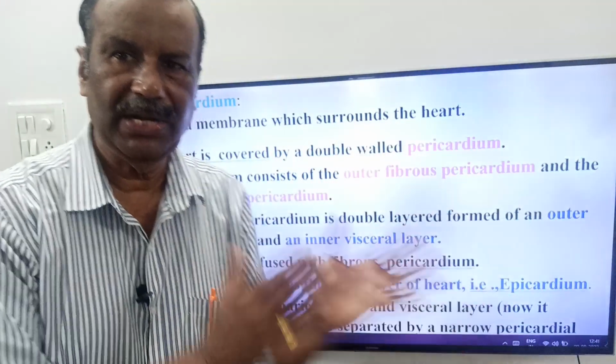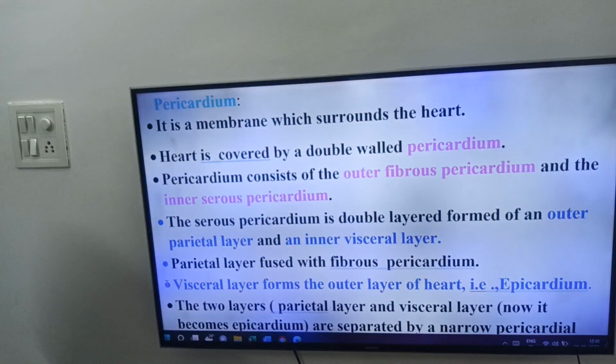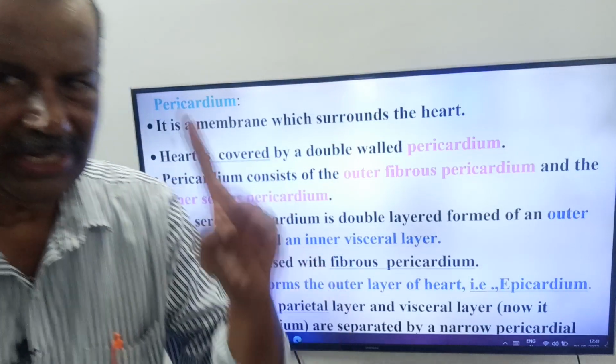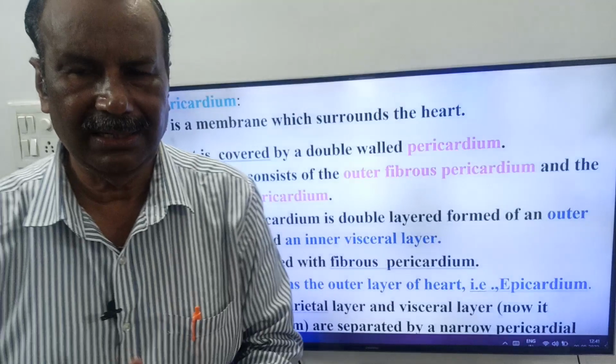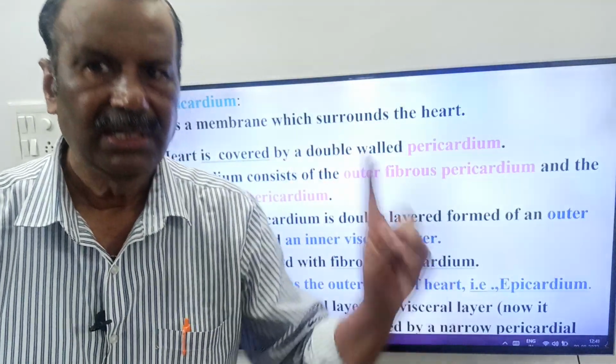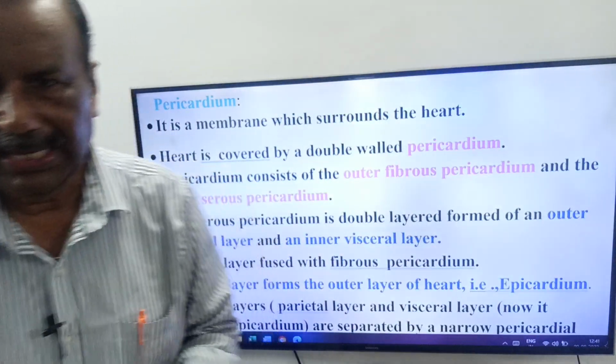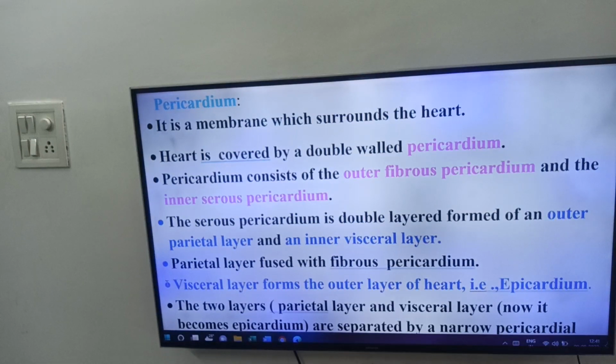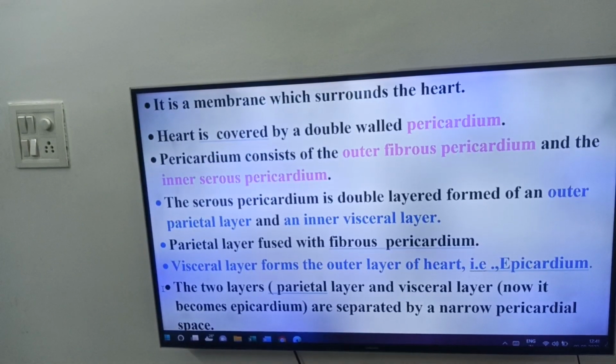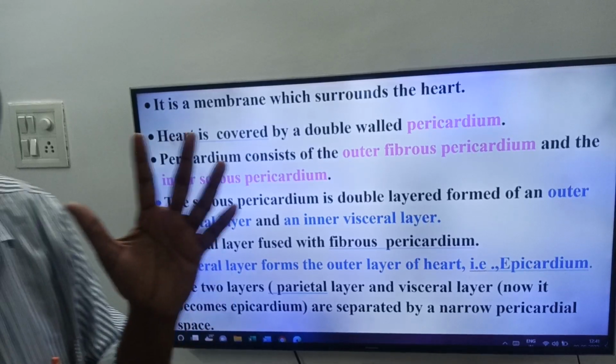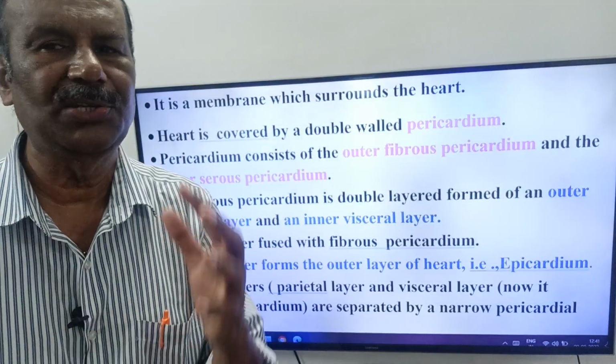Now come to the serous pericardium. Serous pericardium is once again divided, or it has two layers.